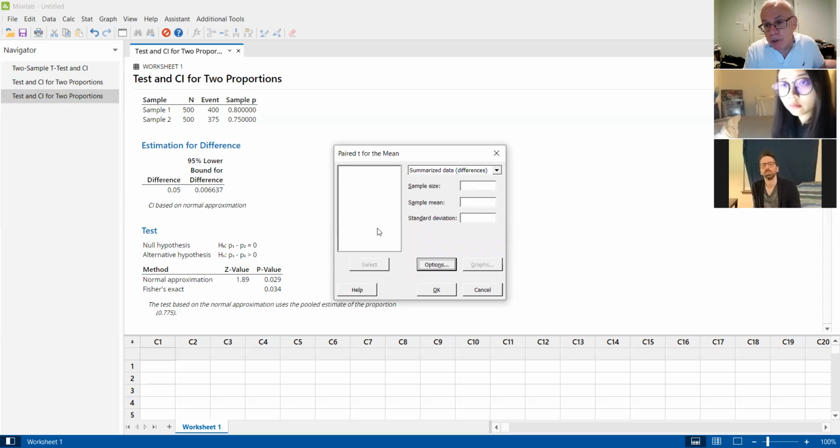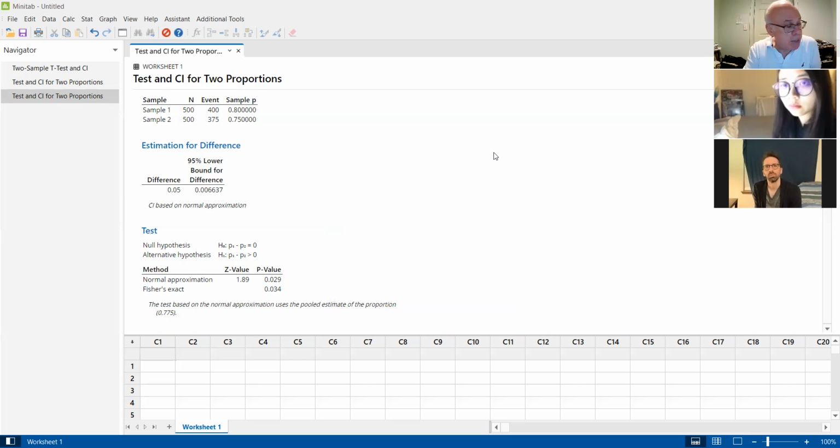What's required, of course, is that n has to be the same. The sample size has to be the same for both groups if you're going to subtract values. It can't have unequal sample sizes. That's pretty easy to do. All right, that's it. That's chapter 11.